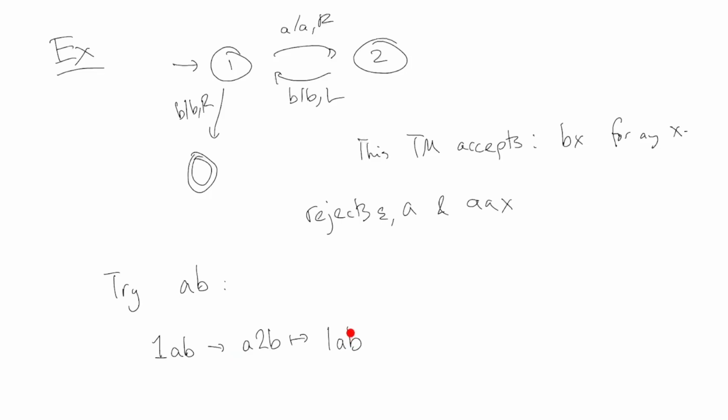We are now in exactly the same state that we started, and so it's going to do this again, right? The next step will be A2B, then it will do 1AB again, etc. This is an infinite loop, all right?